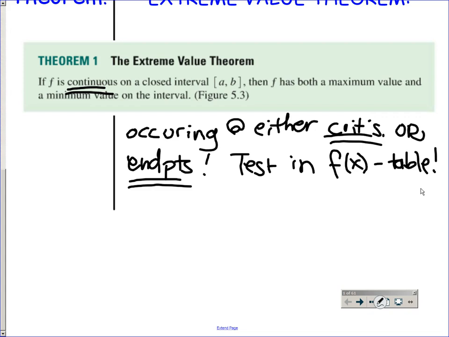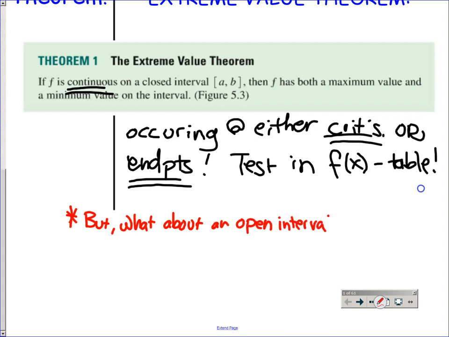Now, here's the dilemma. What if they ask us to find absolute extrema, but it's an open interval instead? You can't?